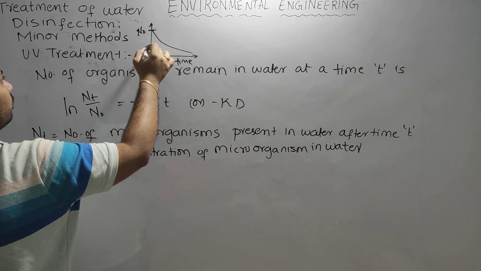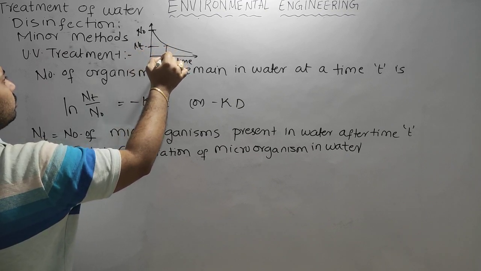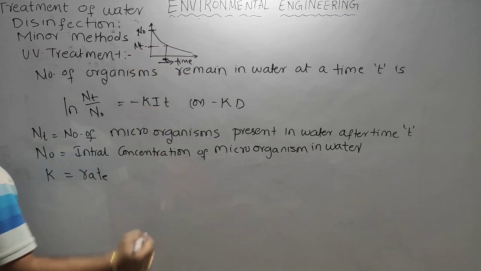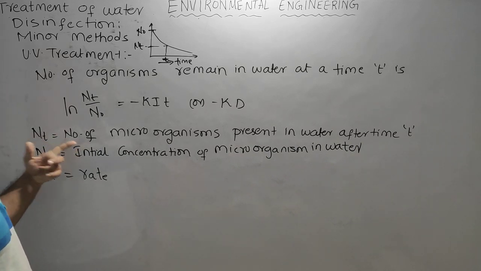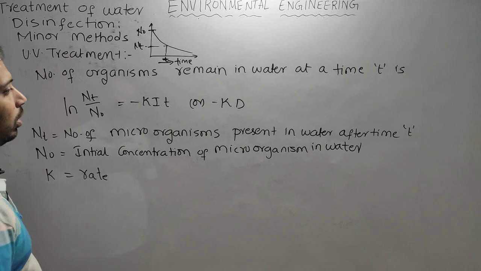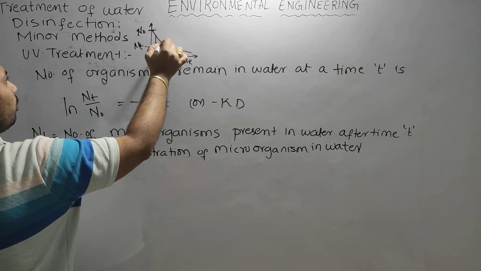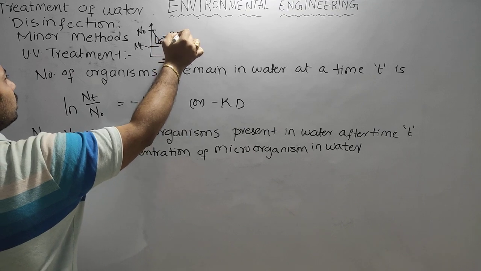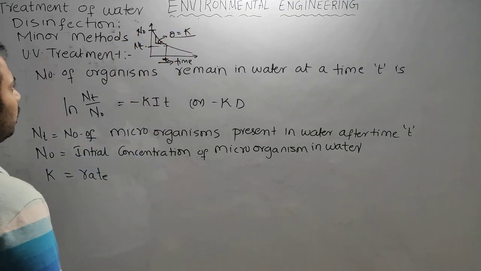At some time t, this is Nt. Nt is the number of microorganisms present in the water after the time t. So the slope of this graph is nothing but k, the rate constant.